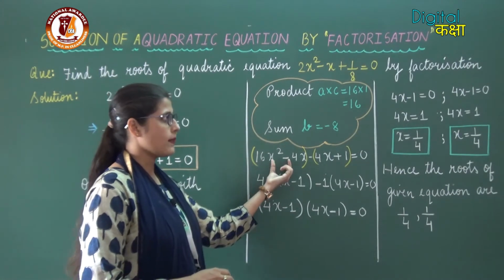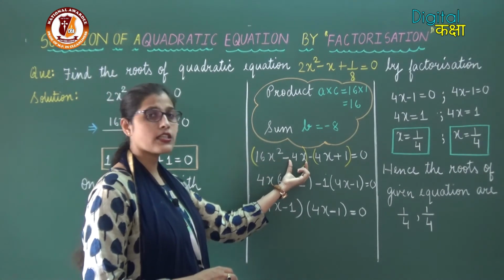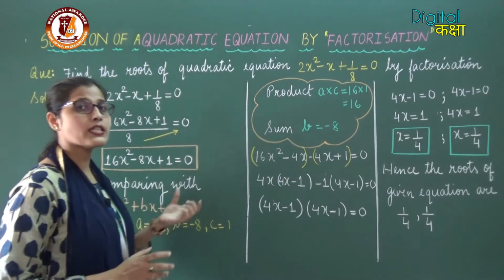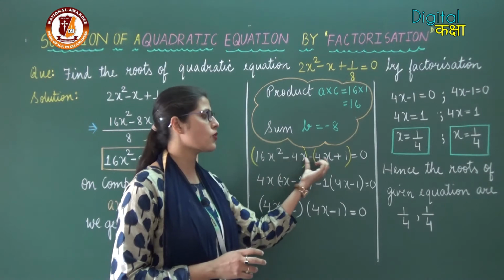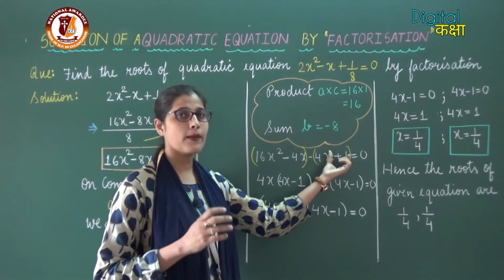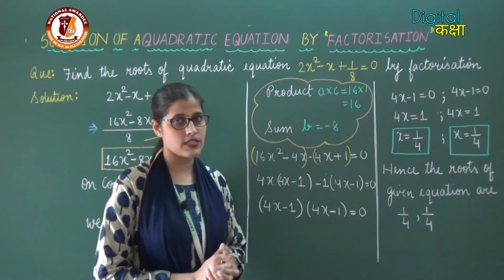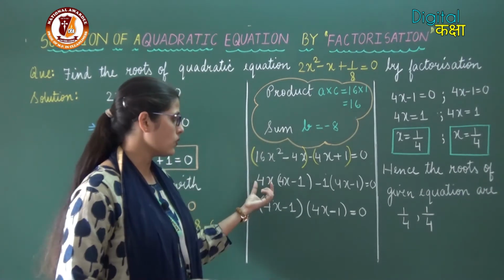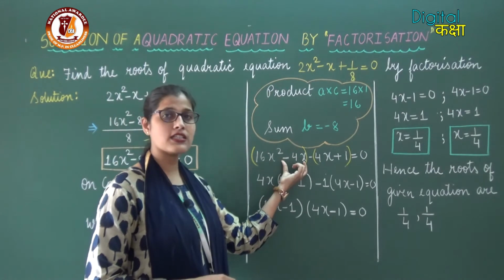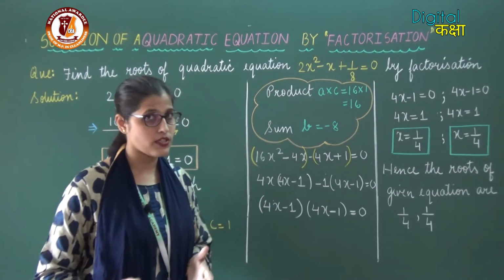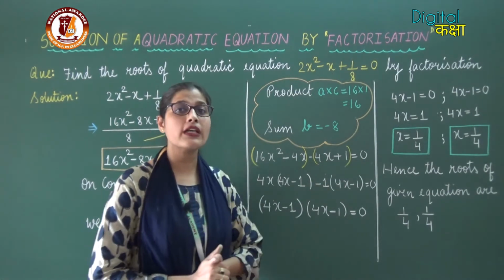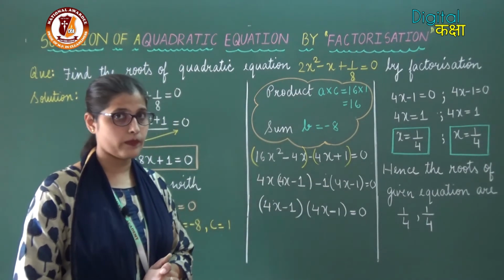16x square, and the middle term, which is minus 8x, will be split into minus 4x and minus 4x, plus 1 equals 0. Now, we will be grouping them. So, 16x square minus 4x will be the first group, and minus 4x plus 1 will be considered as the second group.